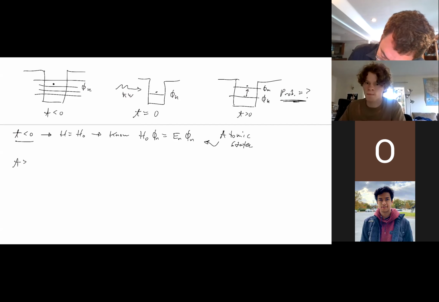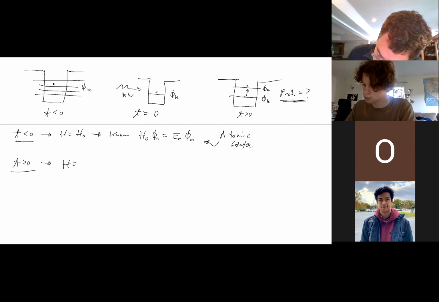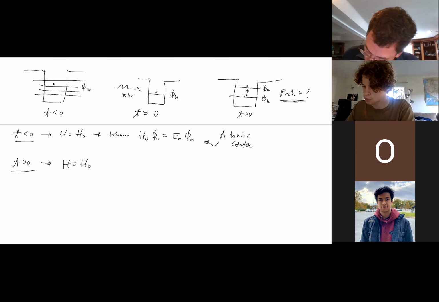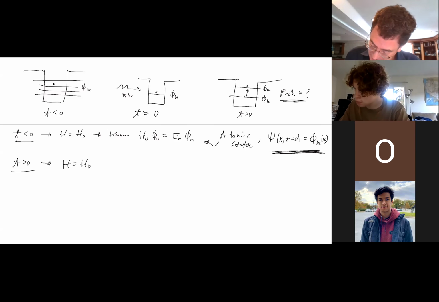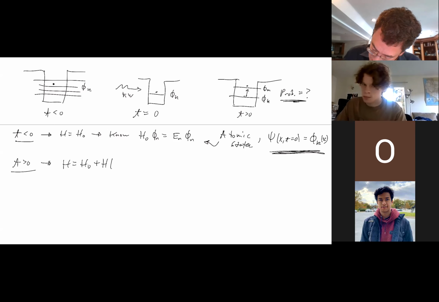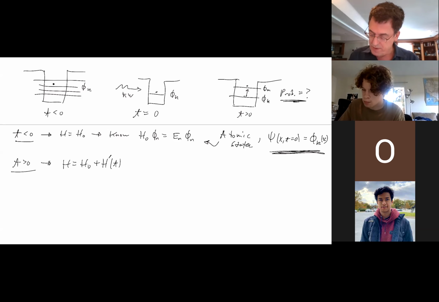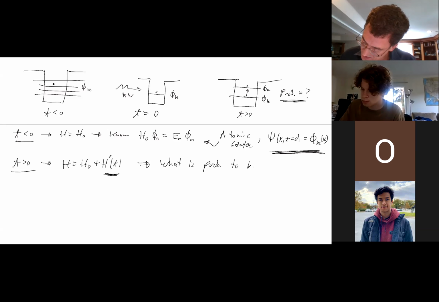But then for t greater than 0, we have H equals H naught, and here I can also say that psi of x, t equals 0. We know which state we're in, right? We start in this kth state, but for t greater than 0, H equals H naught plus this perturbation, and then we want to know the probability to be in phi m.